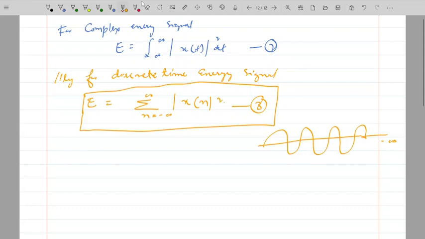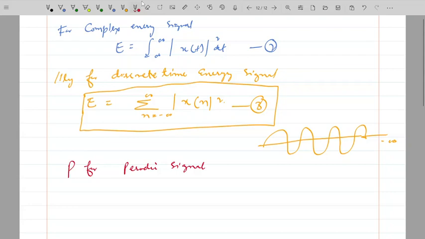For this type of signal, we find out the power P for periodic signals. So here the same 3 signals, repeat the 3 signals that we have already found in the first 3 equations.